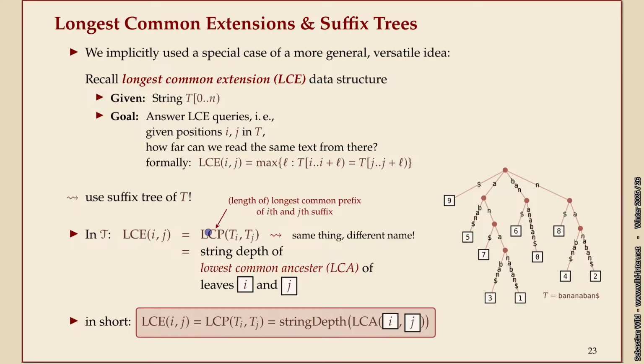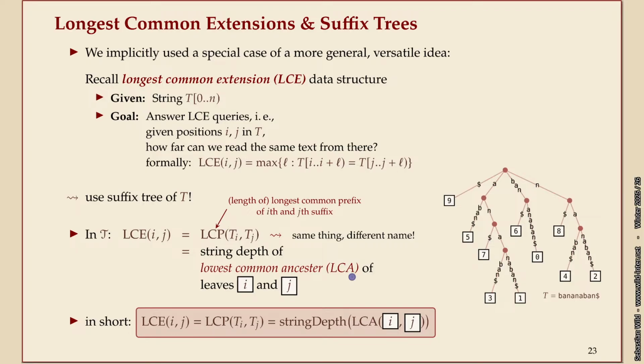And specifically for suffixes, we also have this third acronym, the longest common prefix. So longest common extension is a position at some arbitrary index in the string. Longest common prefix, as the name says, is always a prefix. And given two strings, it's unique what you mean by that.